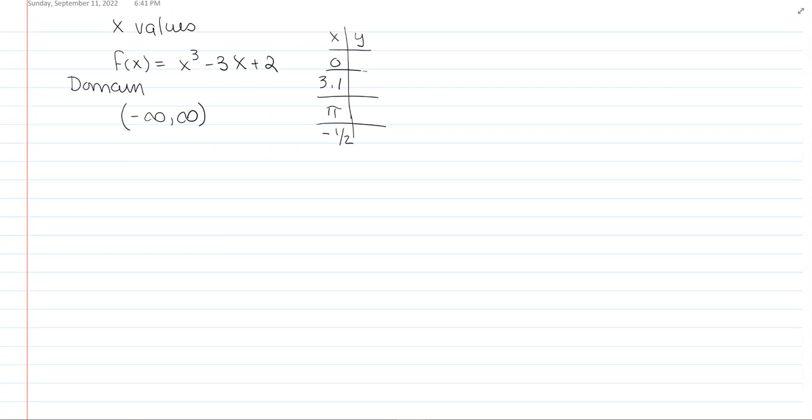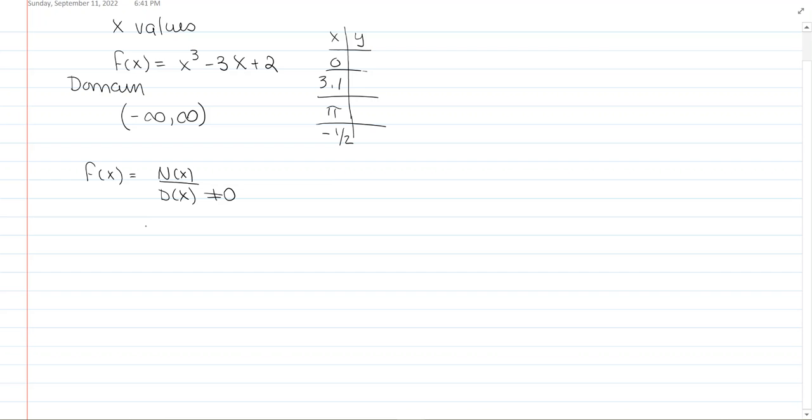One exception is if you have a denominator. So if the function, and we'll just call it numerator over denominator, has a denominator, the denominator cannot ever be 0. It can be anything else, but it can't be 0.